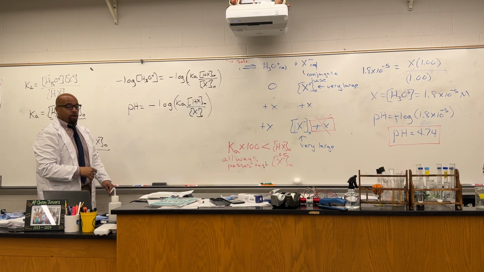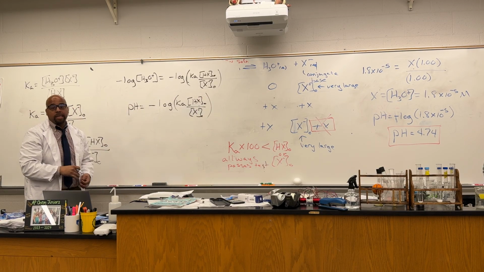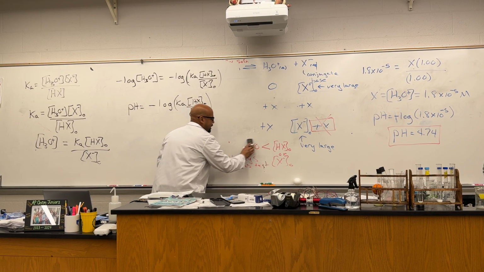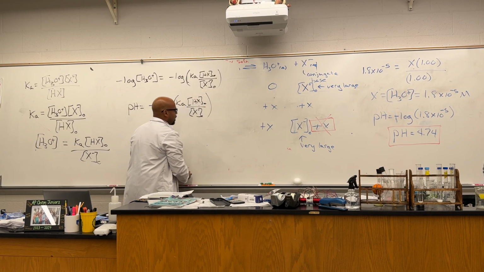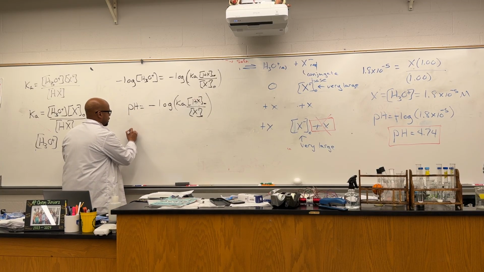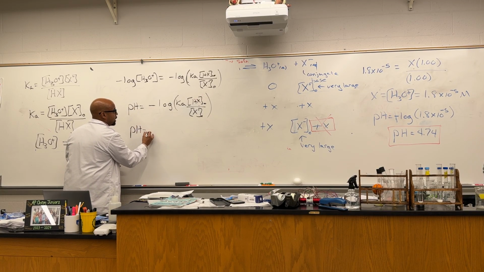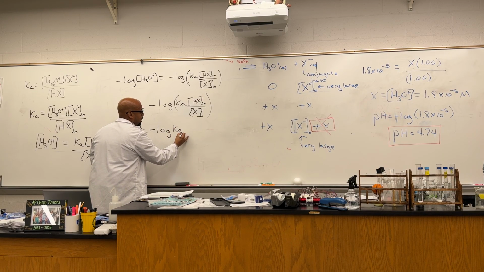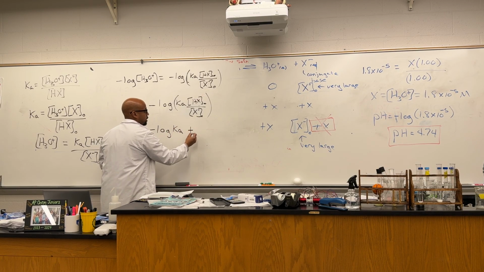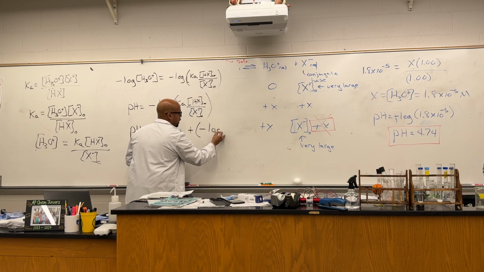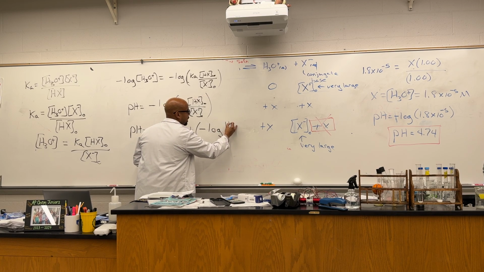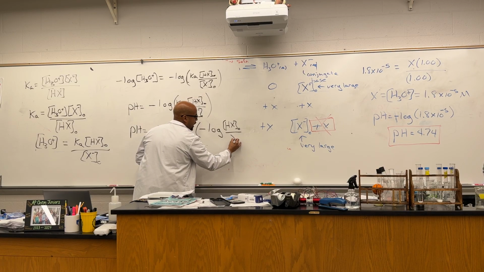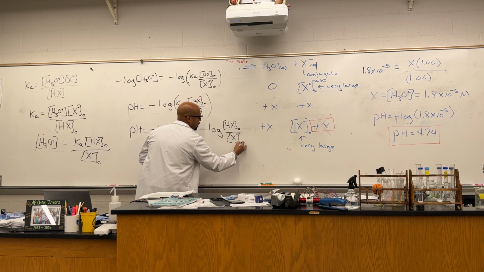But then he went one step further, because we couldn't stop right here and just plug in. He was like, I'm going to use something I learned in my math class. I learned that technically I can do this: pH is equal to the negative log of Ka plus the negative log of HX initial divided by the X minus initial.